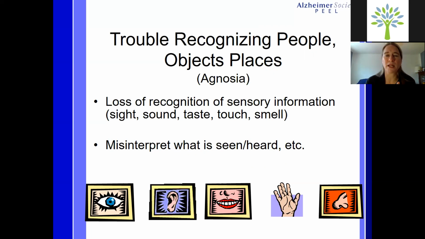We see this play out so strongly with our loved ones and our clients with dementia. We also find that individuals misinterpret objects. So consider your washroom vanity. You open the drawer in your vanity, and as soon as I give this example, I always visualize my vanity drawer, and I think of all the different things in there, particularly the tubes.